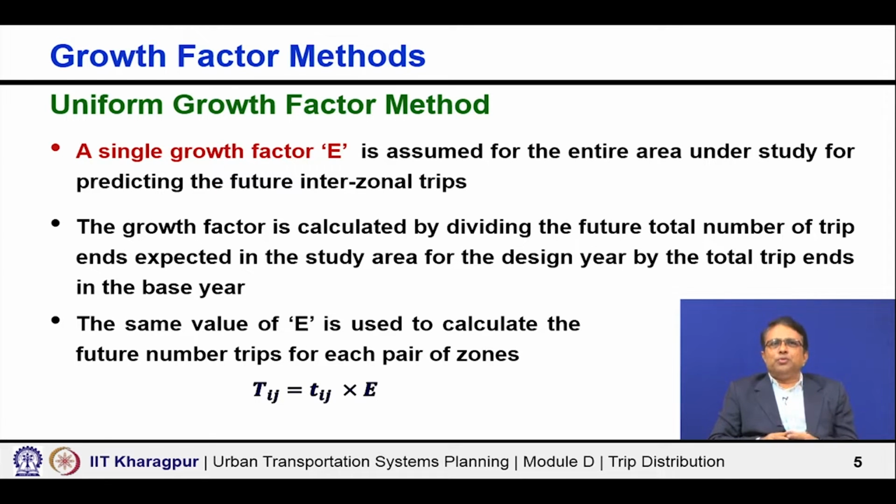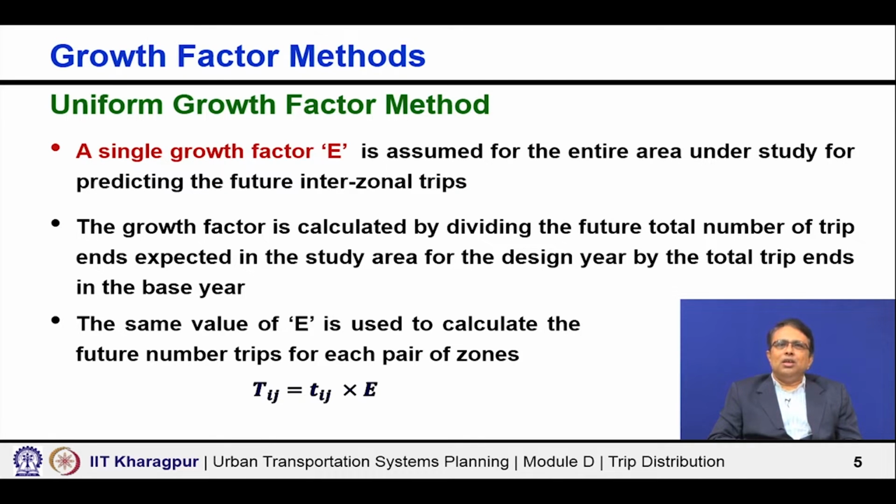In the uniform growth factor method, a single growth factor E is used for all the elements in the matrix, only one value of E, and that one value is applied to each cell of the matrix to update small Tij to capital Tij.